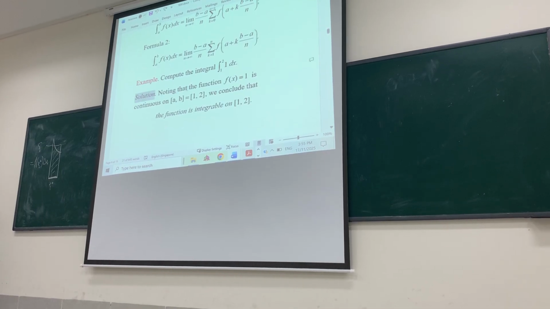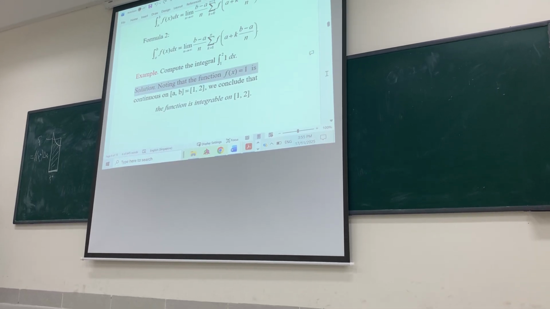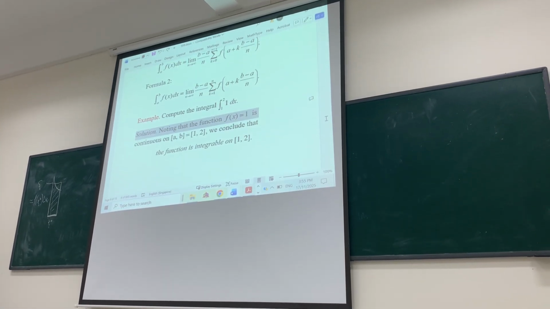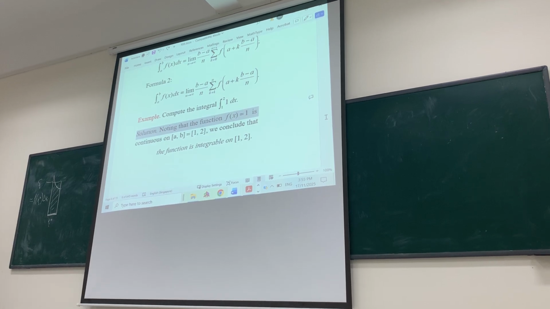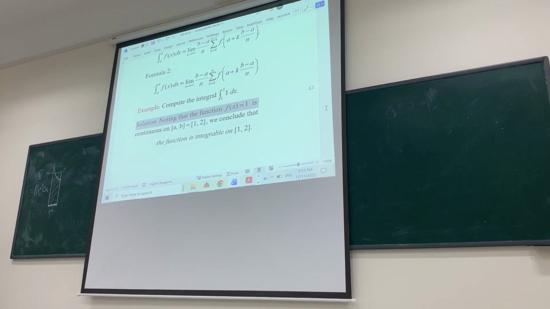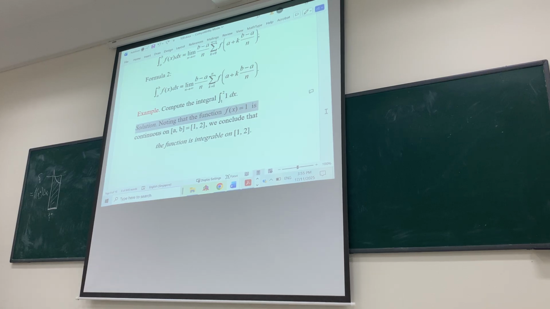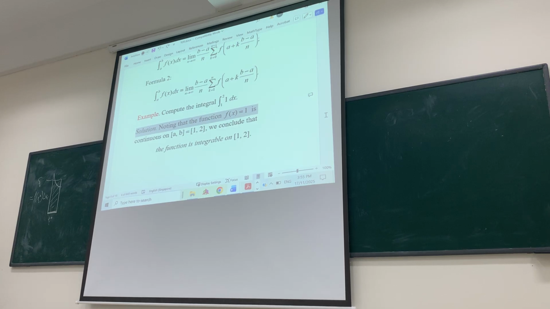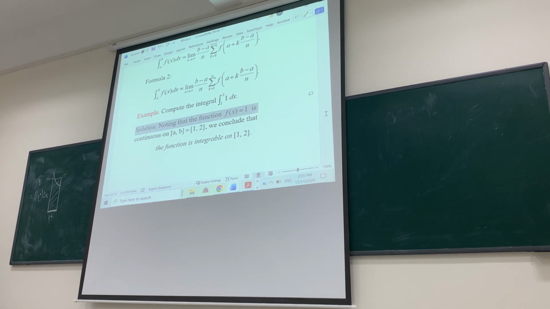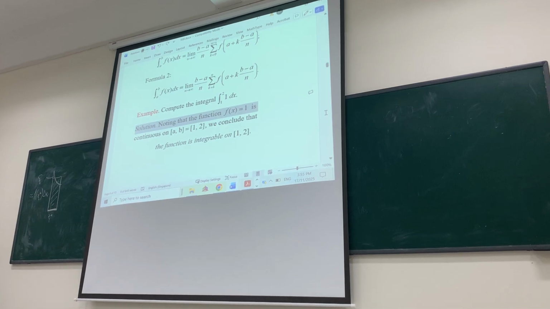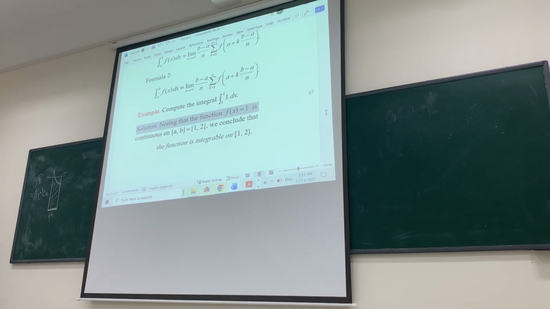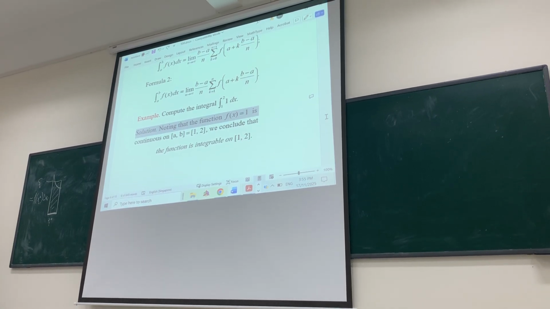Now let's see. The integrand we consider here is f(x) = 1. The interval, the limits of integration, is 1 to 2. It is very easy to see the function f is continuous on the closed interval [a, b]. Since the function f is continuous, it is integrable on [1, 2].